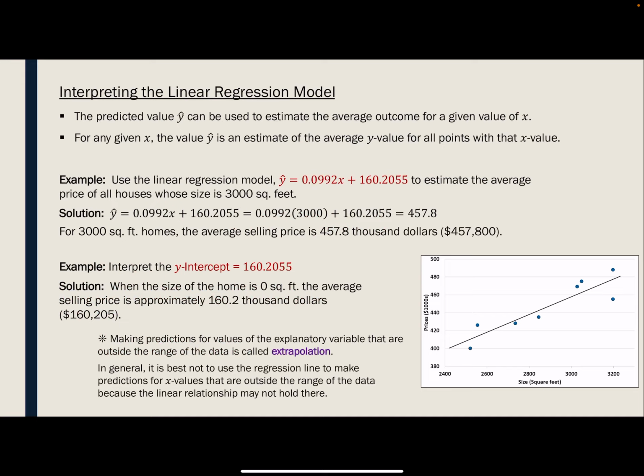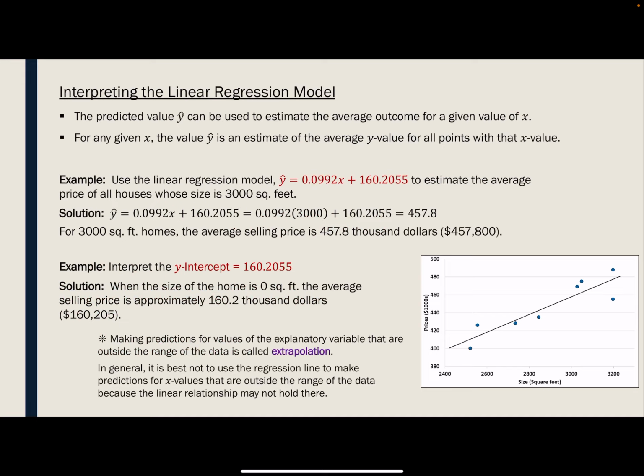So interpreting the linear model. So y hat is used to estimate the average outcome for a given value of x. So let's say we have an example that says use the linear regression model to estimate the average price of all houses whose size is 3,000 square feet.